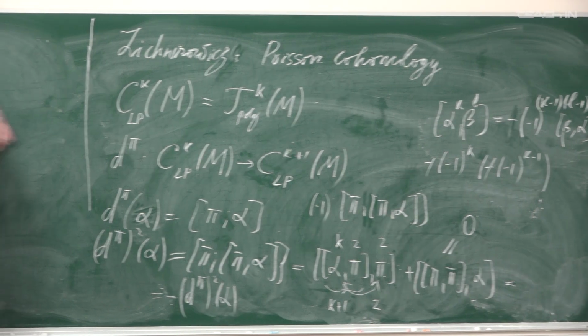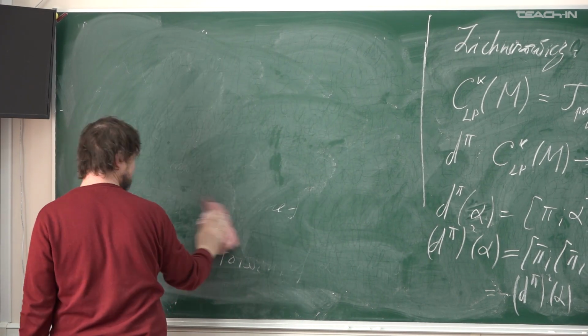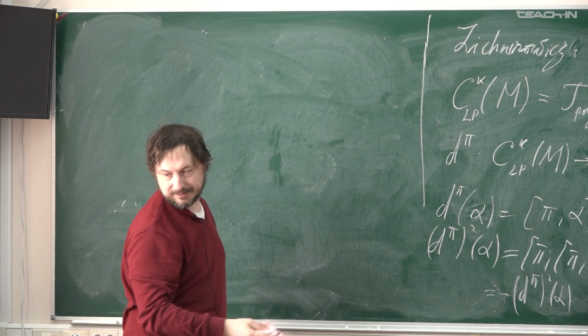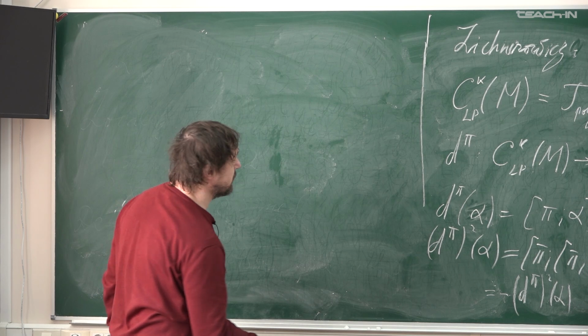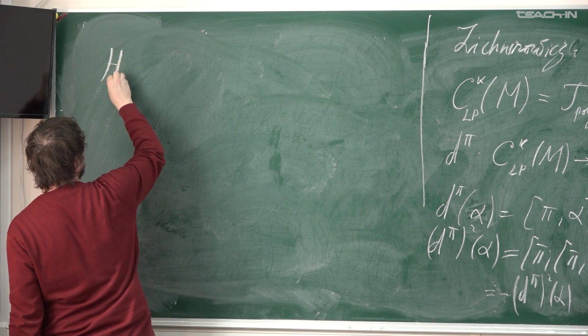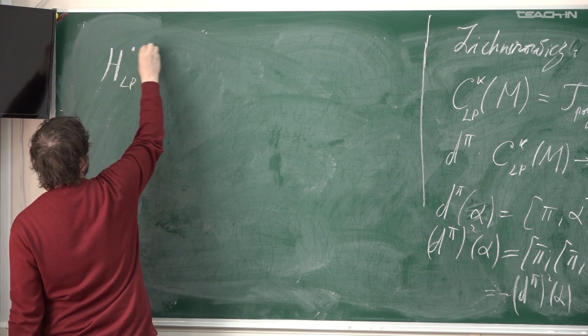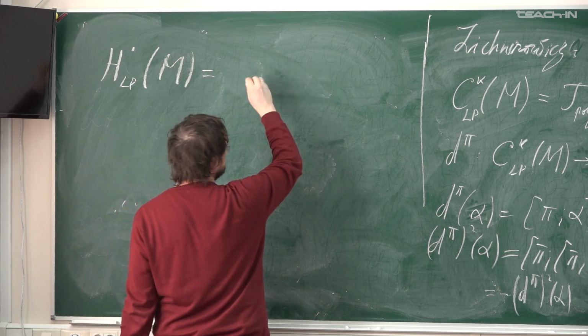Okay, nice. So we now have a differential which squares to 0. And by definition, we say that Lichnerowicz-Poisson cohomology of M is equal to the cohomology of this complex.